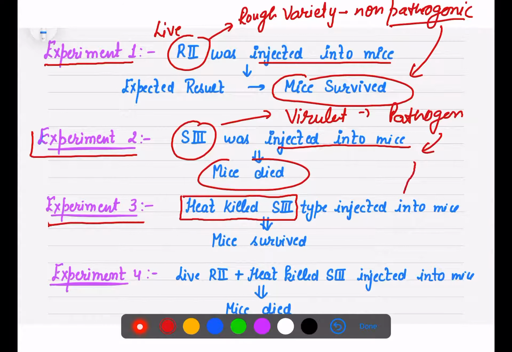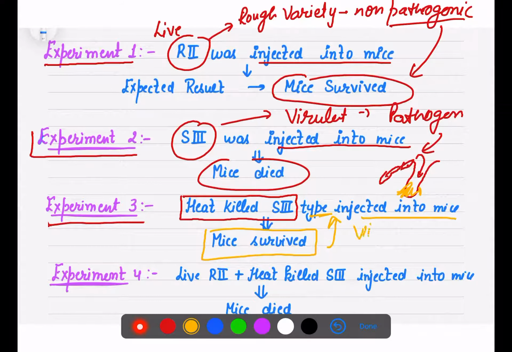Now, if these were in a test tube, he took this S type strain and put it in this test tube, and these were heat killed S3 type. He injected them into mice and the mice survived. It means heat killing destroyed that virulent material which was causing the mice to die.